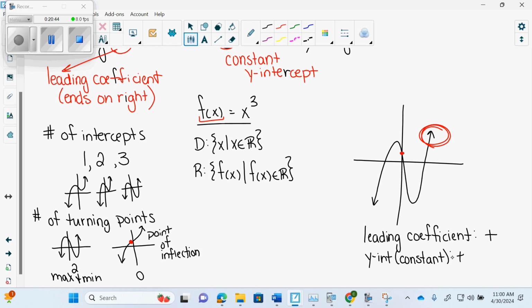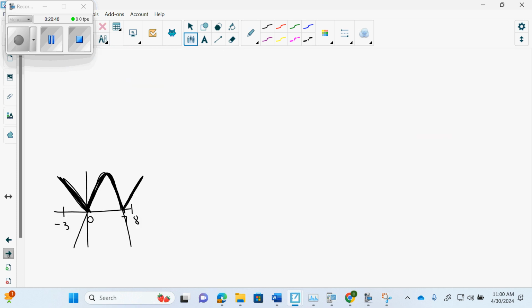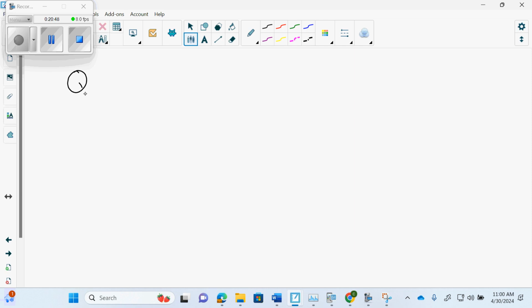And cubic is degree 3, yep. Quadratic. Quadratic is like y equals ax squared plus bx plus c. And quadratic is degree 2. Okay.